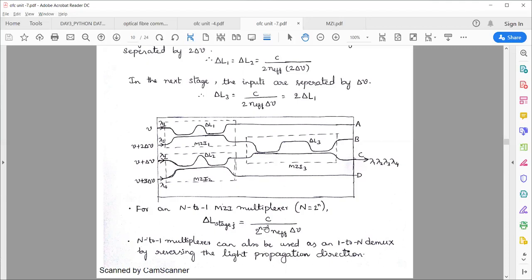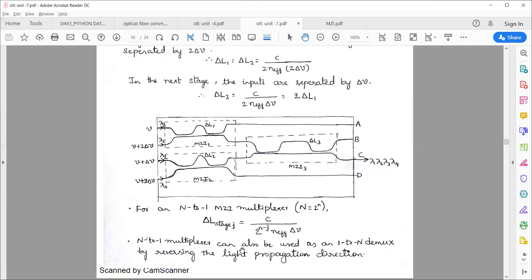Small n is the number that you are taking as the power of 2. If you want to implement 8 is to 1, then n should be 3. If you want to implement 16 is to 1, then n should be 4. So that is the value of n. And J is nothing but the stage in which you need to calculate the value of the delta L. That is the additional length that you have to introduce to one of the arms of the phase shifter.